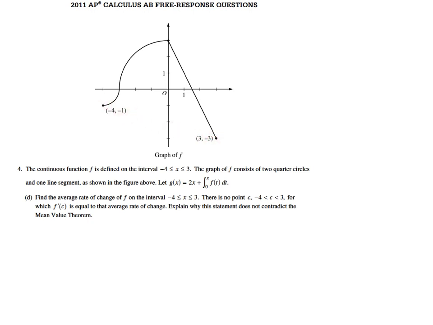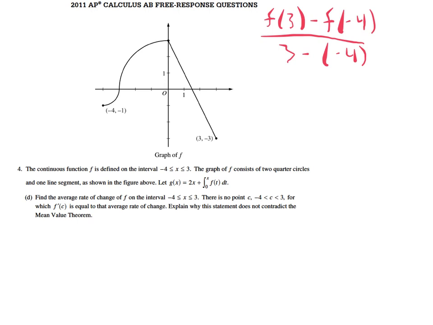So for part D, we're just going to take f of 3 minus f of negative 4 over 3 minus negative 4. Just slope, slope between the endpoints. It's what you would have done before you knew calculus. Calculus told you how to find instantaneous rate of change. Now we're going backwards and we're just doing average rate of change.